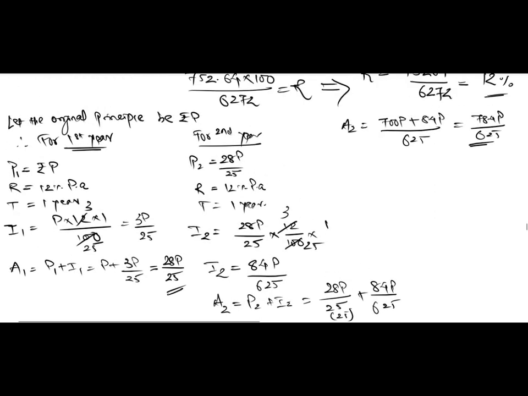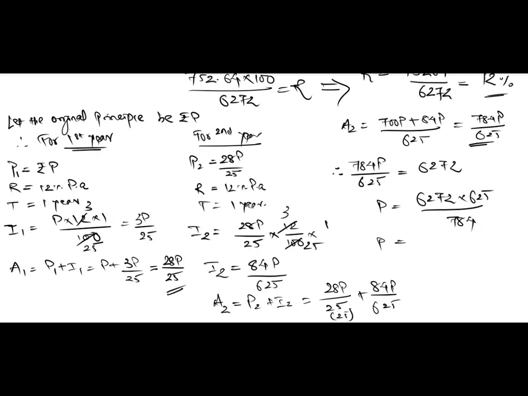Right? So 784p upon 625 is equal to 6272. So P is equal to 6272 into 625 upon 784.